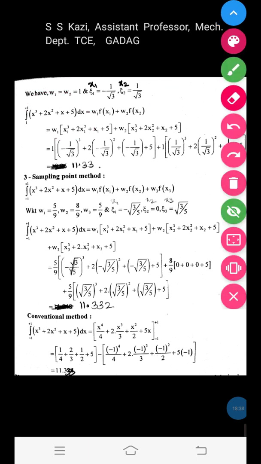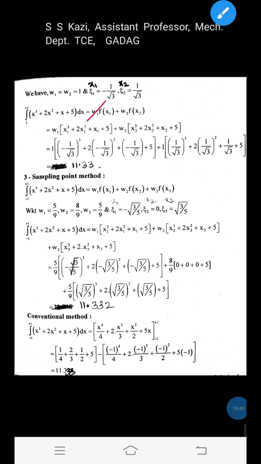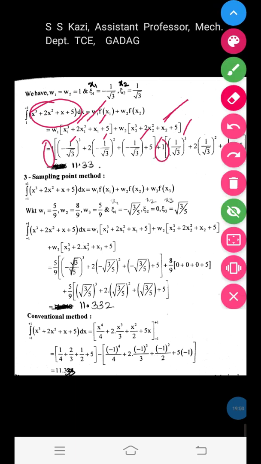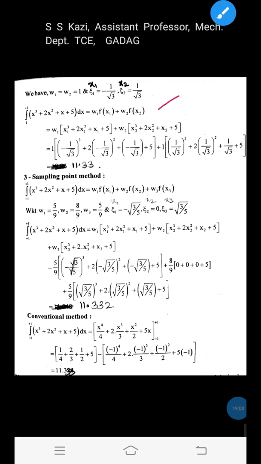After that, you write w1 f of x1, you just replace x by x1 here, and plus w2 f of x2, replace x by x2, write the function. After that, you just substitute x1 as minus 1 by root 3 here, and x2 as plus 1 by root 3 here, and w1 is equal to 1 and w2 is equal to 1. Once you write w1 f of x1 and w2 f of x2 and substitute the values, we will get 11.33. We got 11.33 using 2 point method.